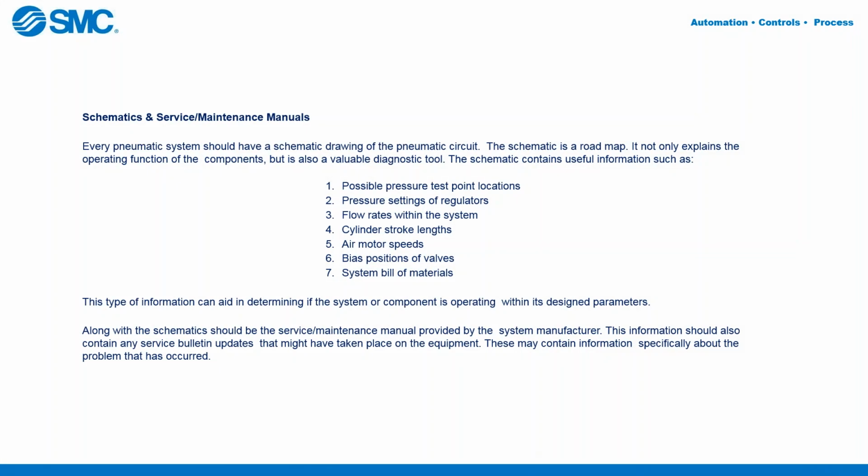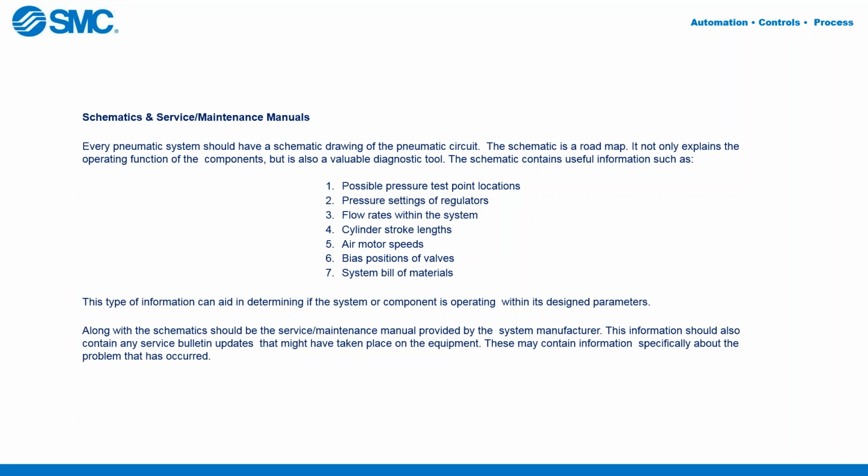Ideally, we would also be able to consult a schematic. That will explain the function of the components and can be very helpful as a diagnostic tool. It might tell you where there are test points for pressure. It might tell you what the correct pressure settings of regulators would be. It might tell you flow rates.